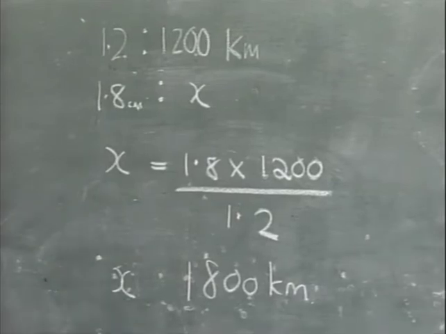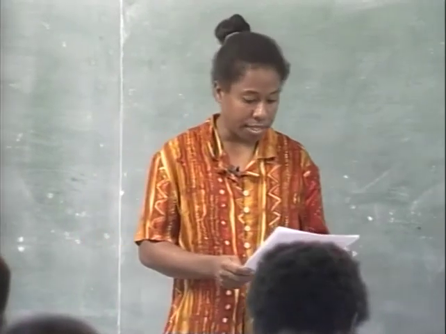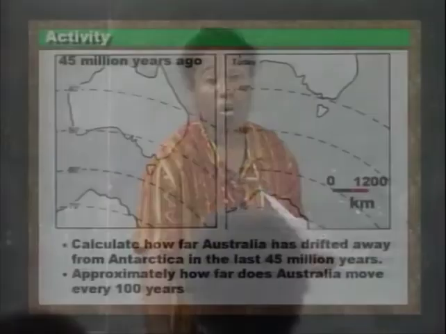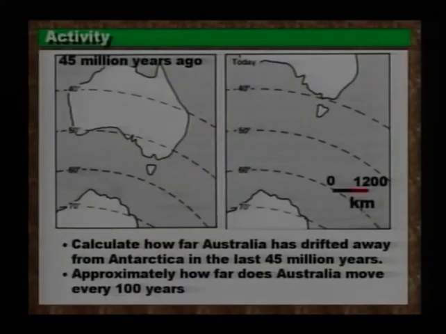The next part to that question now is to look at approximately how far does Australia move every 100 years? How far does Australia move every 100 years?